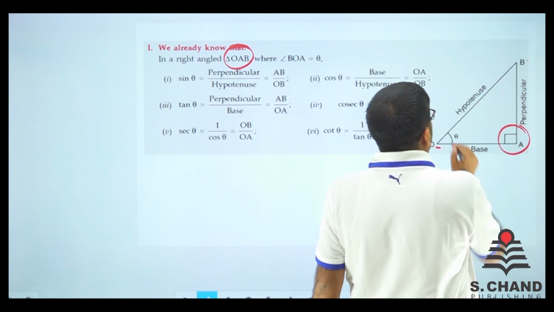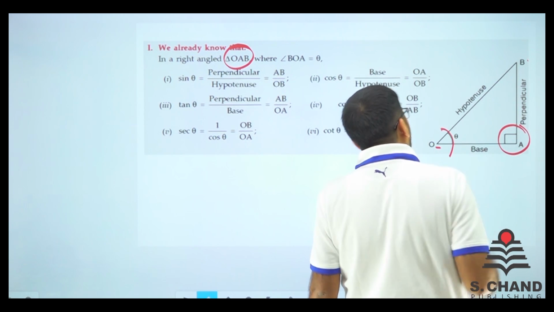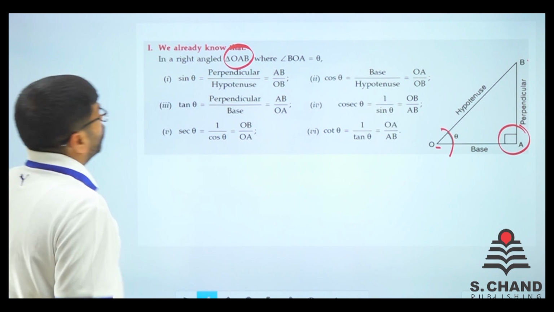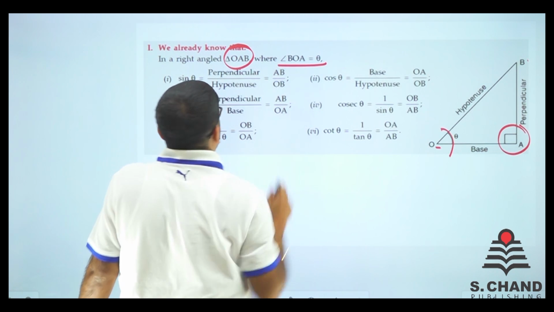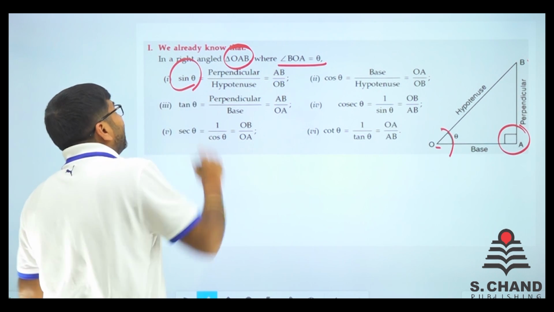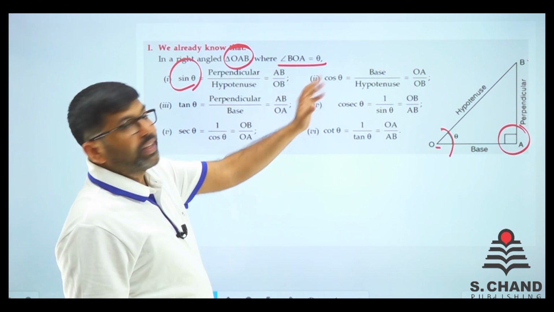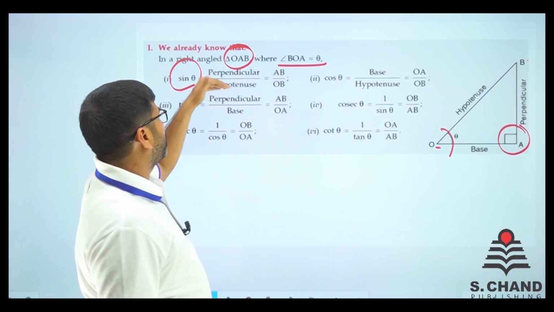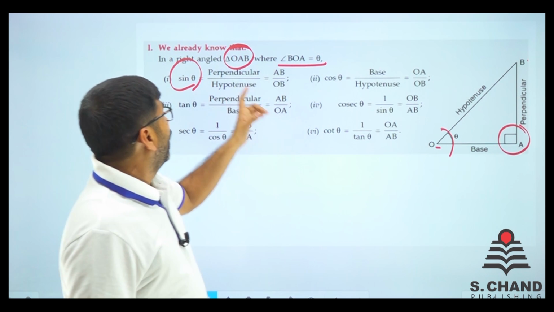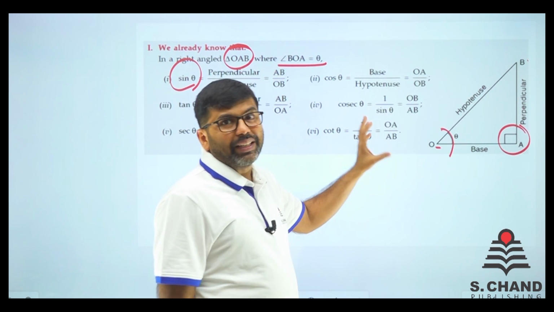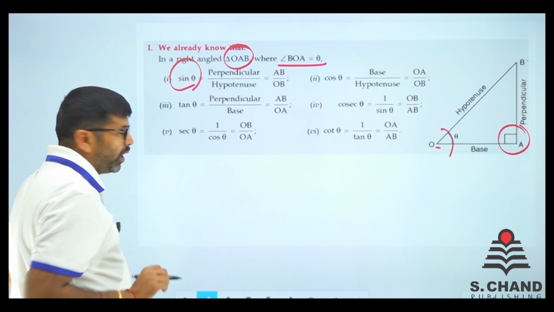This is the right angle, and this is theta, so angle BOA is theta. Sine theta is perpendicular upon hypotenuse. Cos theta is base upon hypotenuse. Tan theta is perpendicular upon base. The fourth is cosec theta, just the opposite of sine theta.